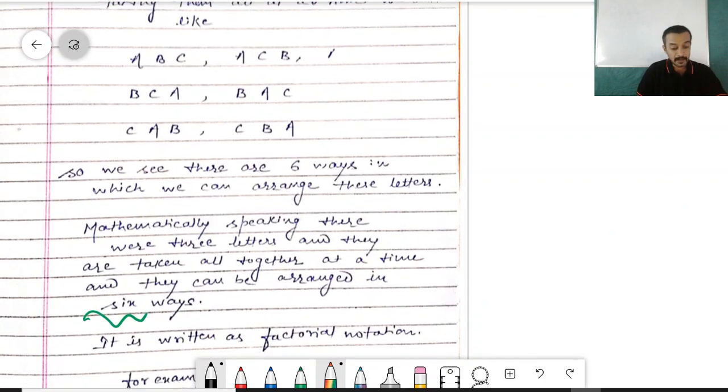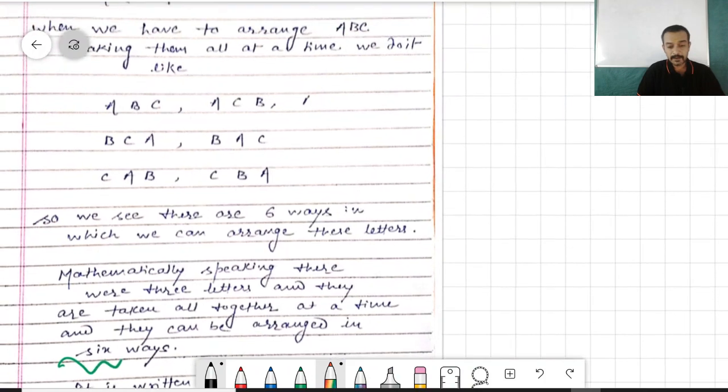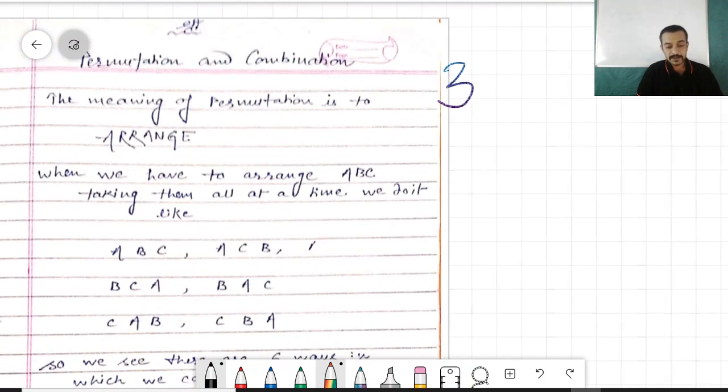A new word, I am repeating it once again: factorial. The meaning of factorial is that whichever number is taken, from that number we go in descending order and reach up to 1, and all those numbers are multiplied.